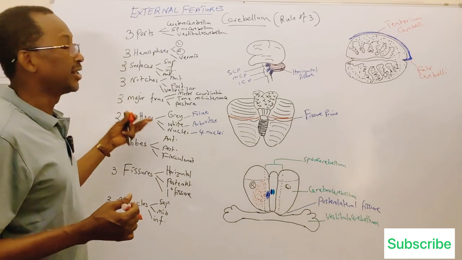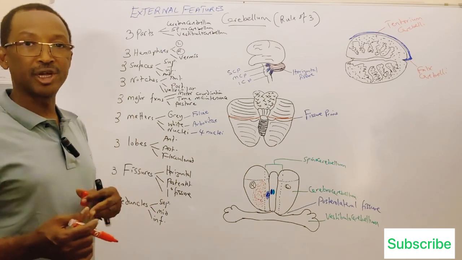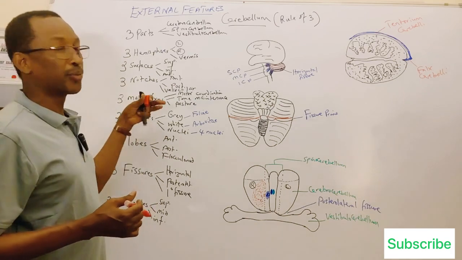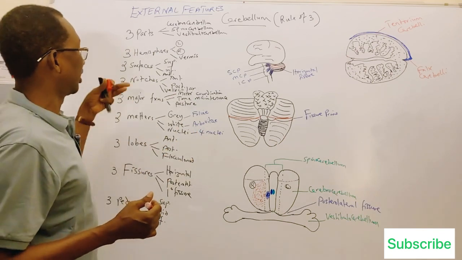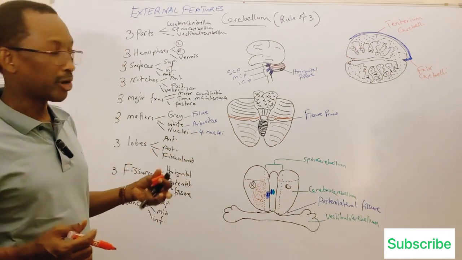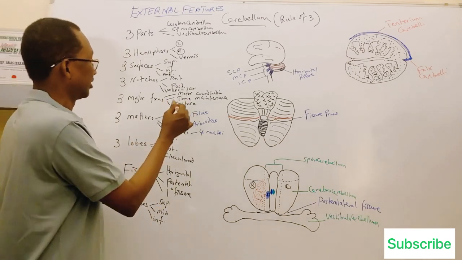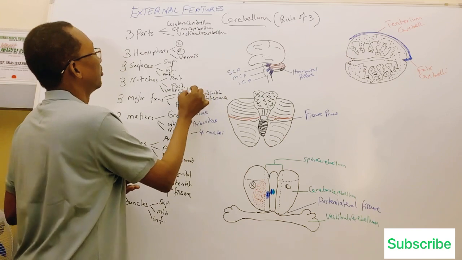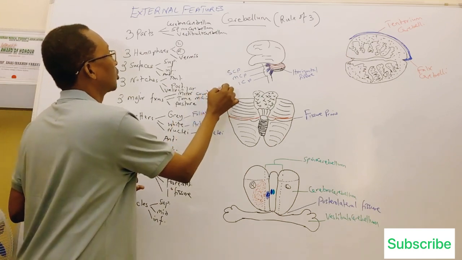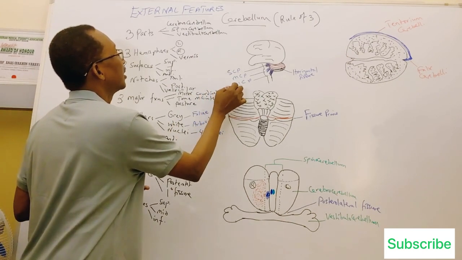Similarly, if there is a lesion of the cerebellum, we also have three important symptoms or signs. The first one, which I've not written here, if you have a lesion of the cerebellum, you have what we call dyssynergia.